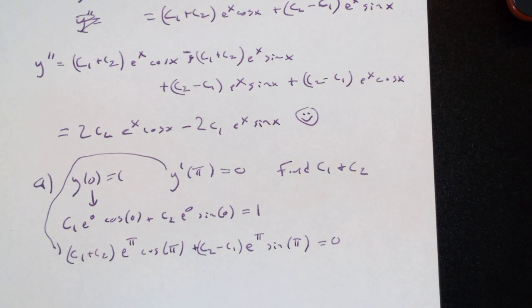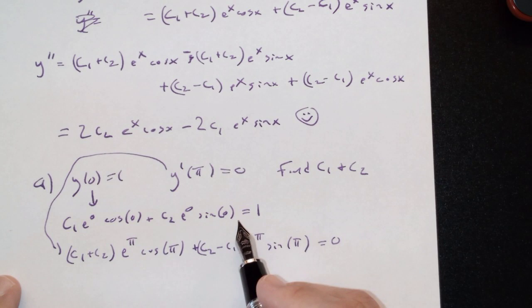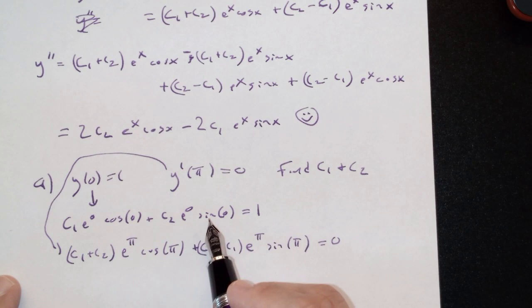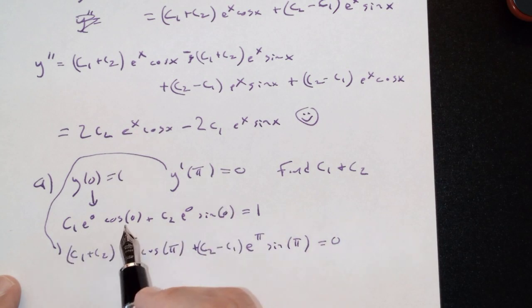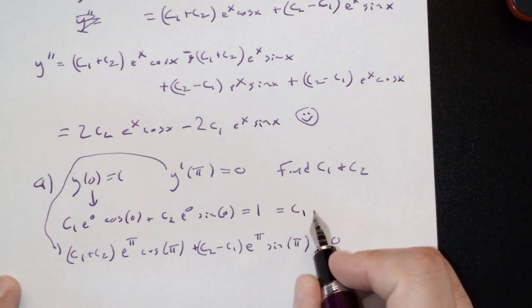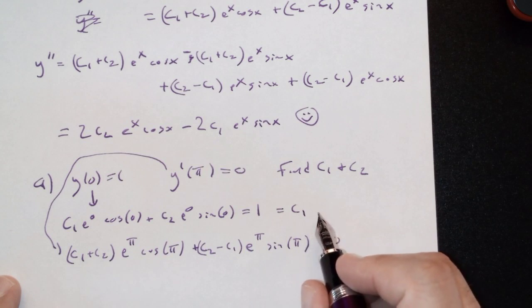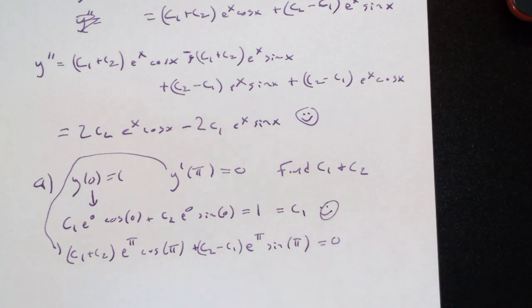The first thing I'm going to ask you is, does any of this get any nicer when I plug in 0 and I plug in pi? Okay, so y of 0, what do I get that makes that nicer? C2 times that's all. Great, so that means I only need this. What's e to the 0? What's cosine of 0? Hey, I found C1. I can use that in the next part.